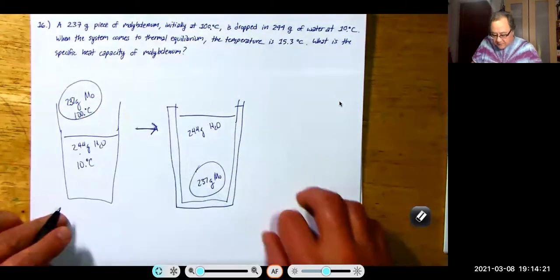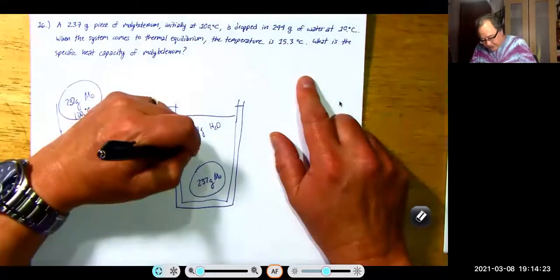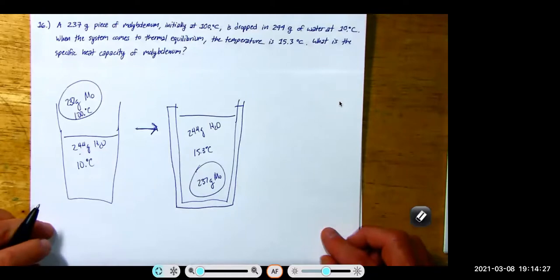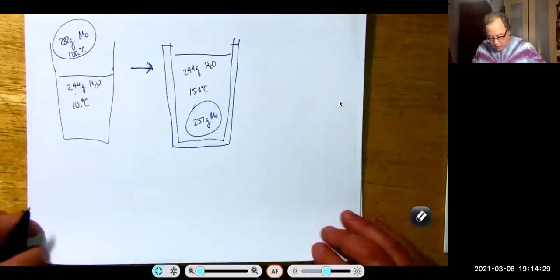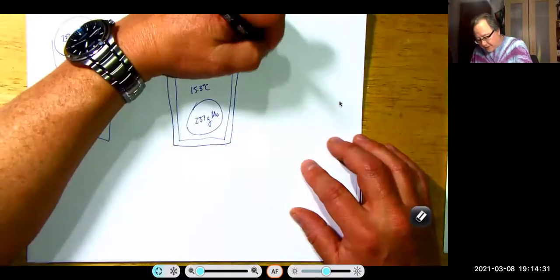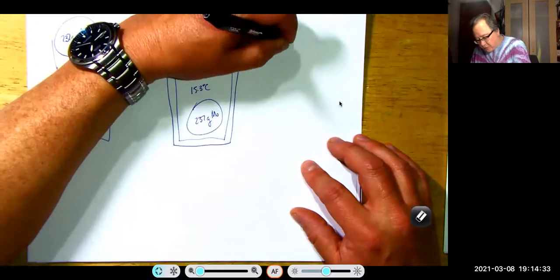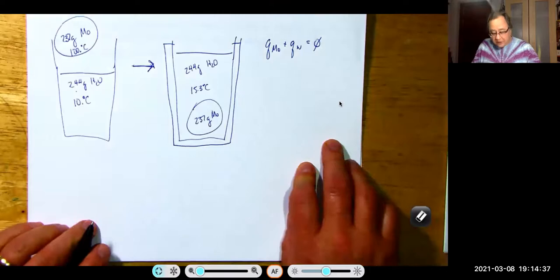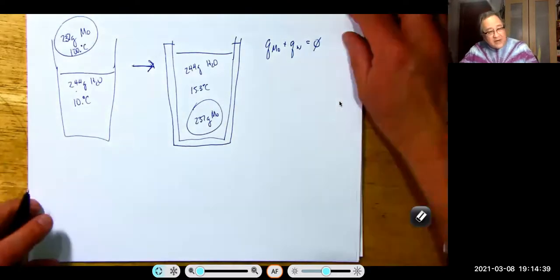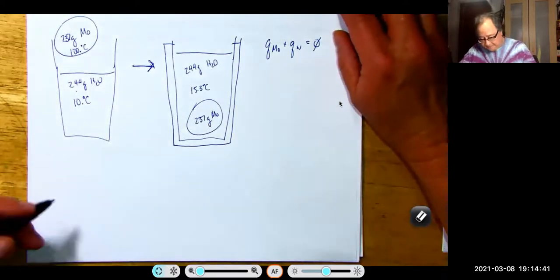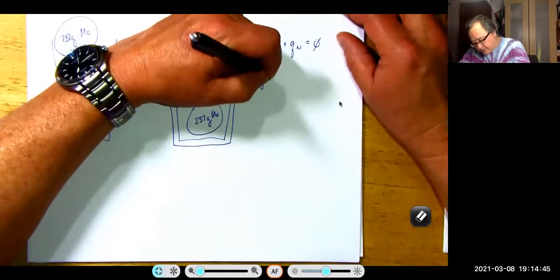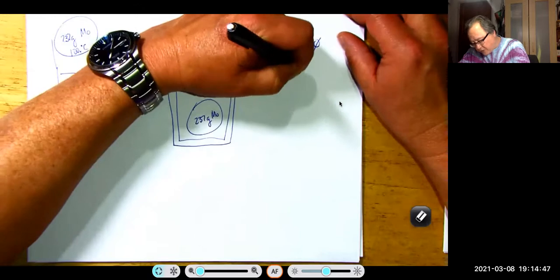But our final temp is 15.3 degrees Celsius, right? Right. So this one I'm going to do the whole Q of the molybdenum plus Q of the water is equal to 0, assuming there's no energy given off to the air or to the cup or anything like that. So the Q of the molybdenum is equal to negative Q of the water.